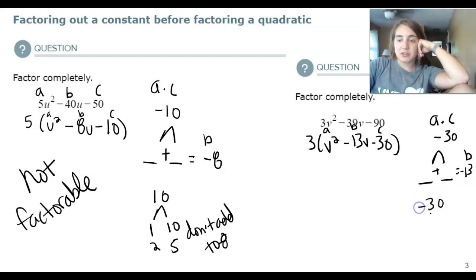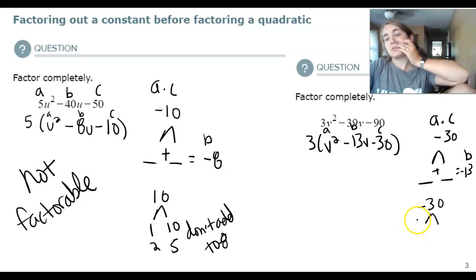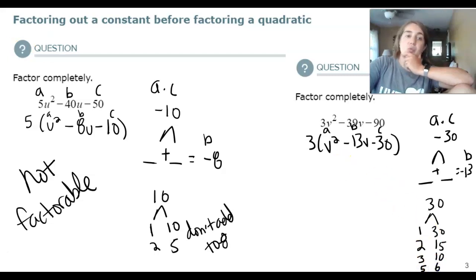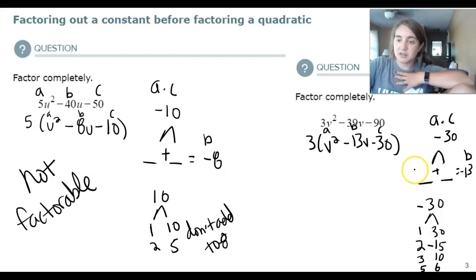If I think of my 30, I have 1 and 30, 2 and 15, 3 and 10, 5 and 6. I need this to multiply to negative 30, so one needs to be positive, one needs to be negative, and it needs to add to negative 13. So I'm going to do 2 plus a negative 15.